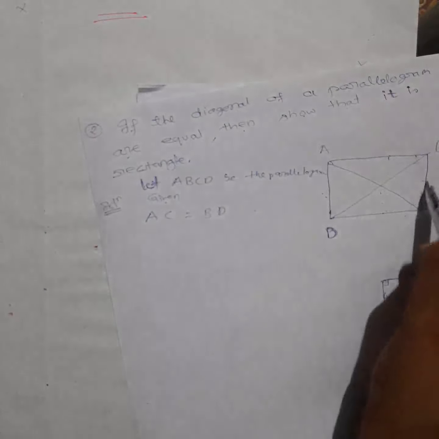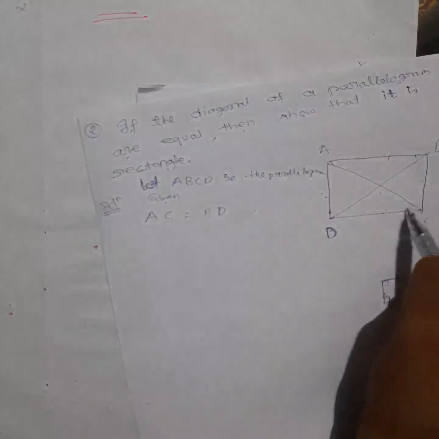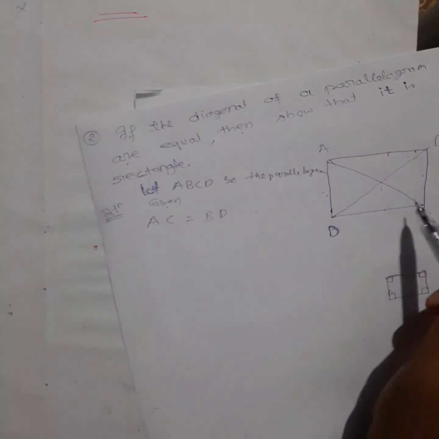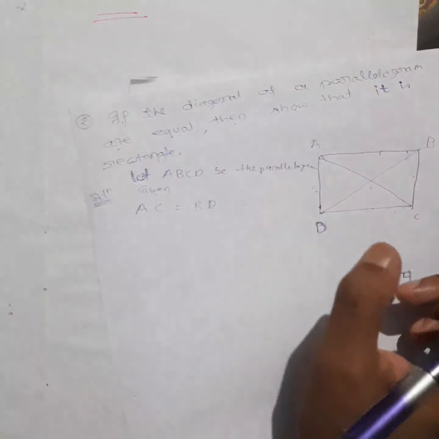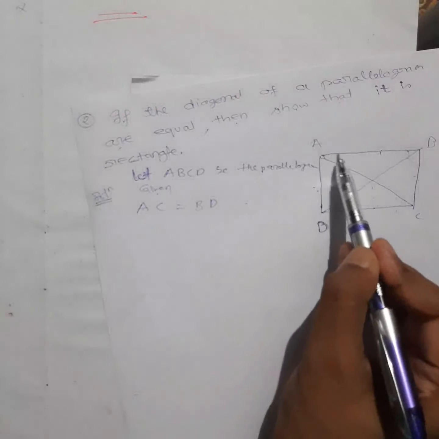So in this case they didn't mention what the angle is. They have simply said this is a parallelogram and its diagonals are equal. So I will use this information and find out that the angle of this quadrilateral or parallelogram is 90 degrees. Now see here, which information will you use to find out this angle is 90 degrees? The information which we know is this is a parallelogram.